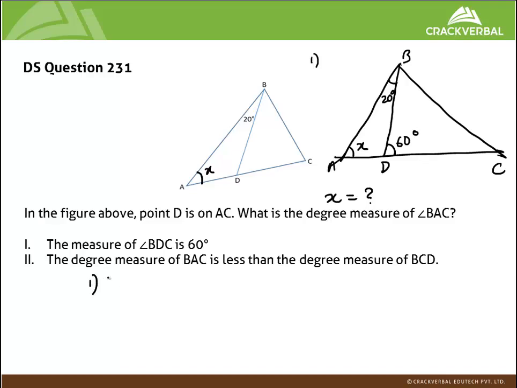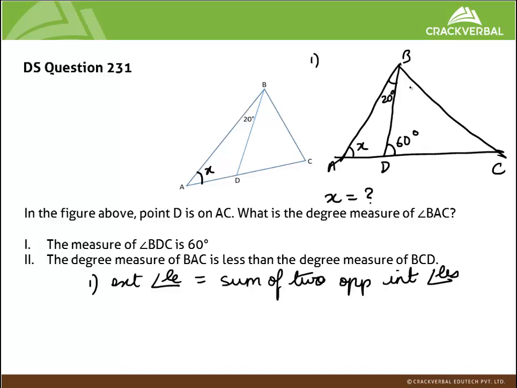The first way is to remember a simple triangle property that the exterior angle is equal to the sum of the 2 opposite interior angles. In triangle ABD, the exterior angle here is 60 degrees.